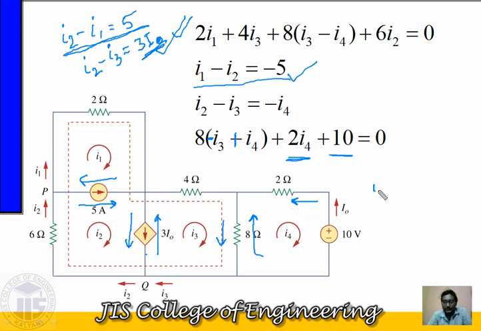So can we say that this I4 is the amount of current whose value is equals to minus of I0, or simply we can write I0 is equals to minus of I4.